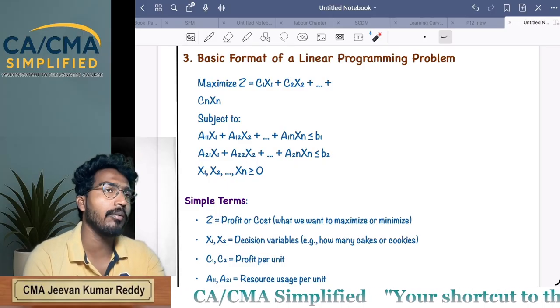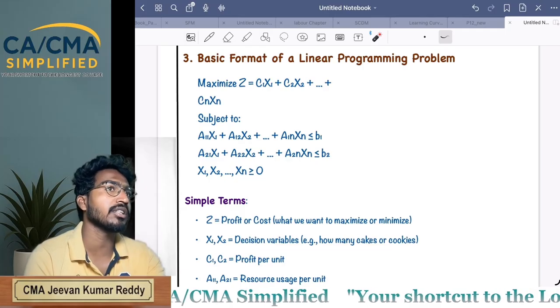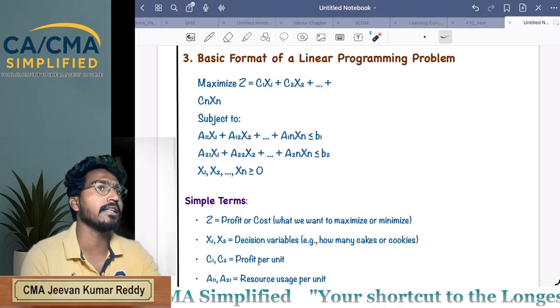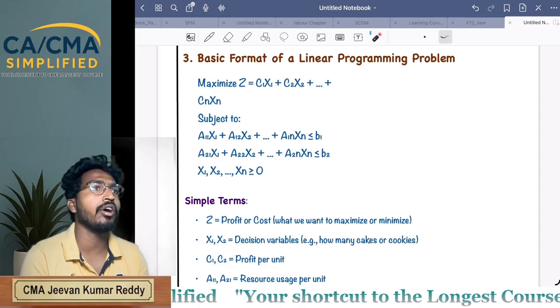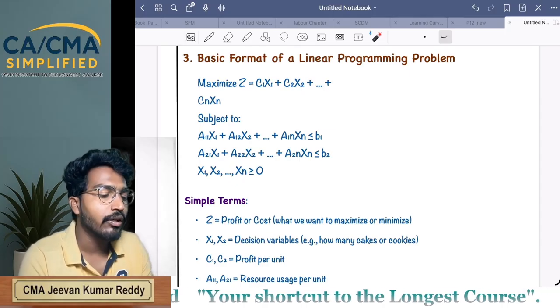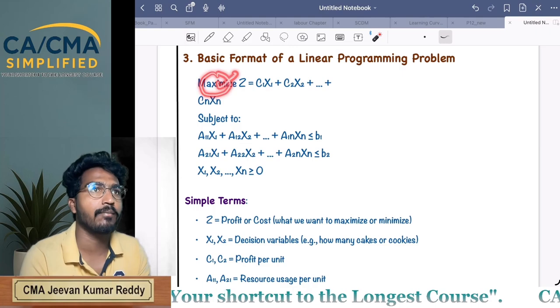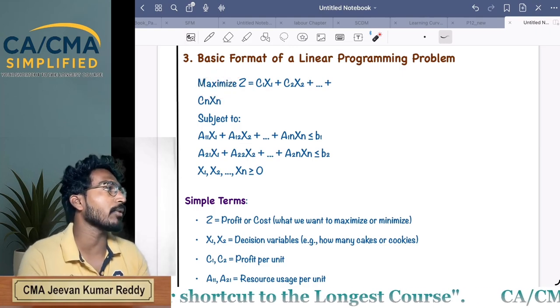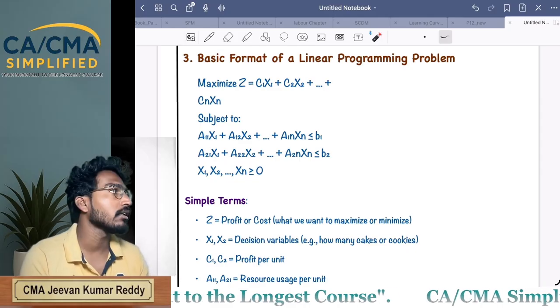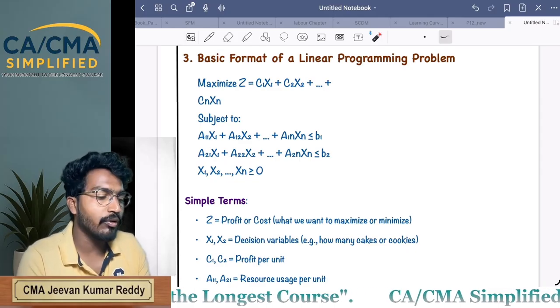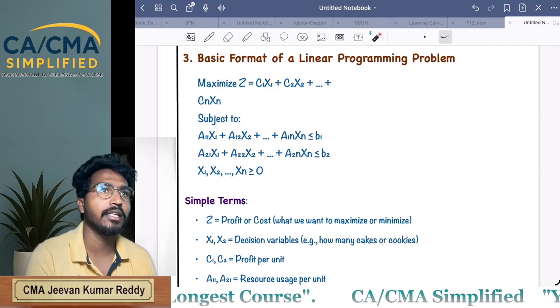If your problem is given in terms of data like that, where you have to maximize your profit, your sales, your sales revenue, then your objective will be maximize. Or if the data of the problem is given like cost, distance, time, then your objective will be minimize Z.